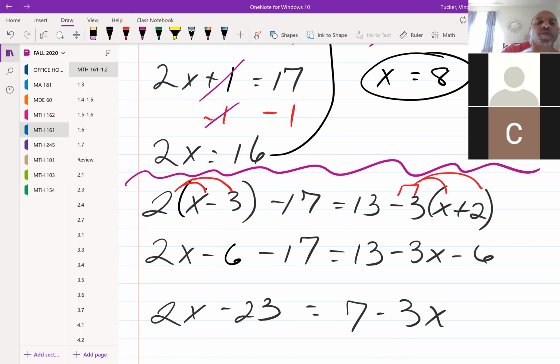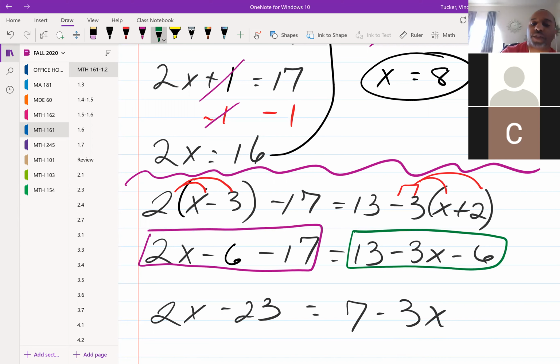All right. So now we have this quantity over here and this quantity over here. What I would do is simplify as much as possible on each side first before I start to move anything across that equal sign. So notice that negative 6 and negative 17 will give me negative 23. And then on the right side, I have 13 and negative 6, which would be a positive 7.